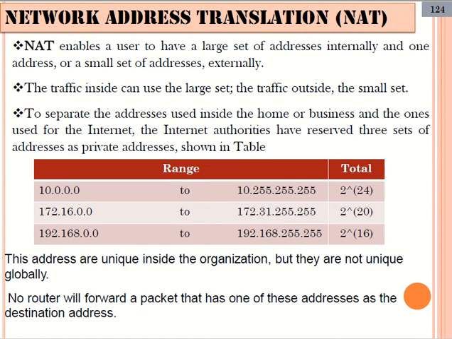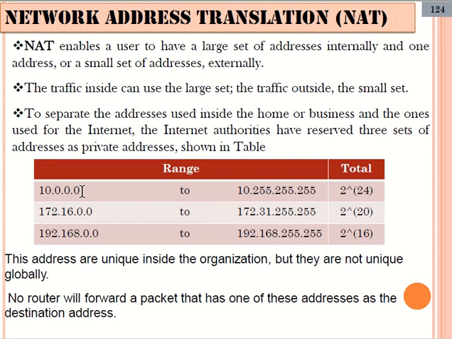Depending upon the requirement, any addresses among these can be used inside any organization as private addresses, and no router will forward a packet that has one of these addresses as the destination address. So the addresses given in these three sets will not be the destination address in any case.